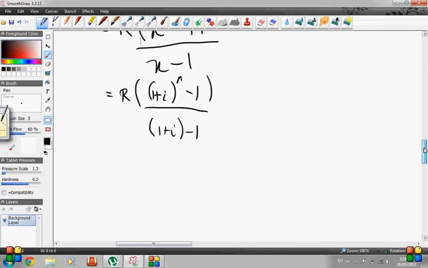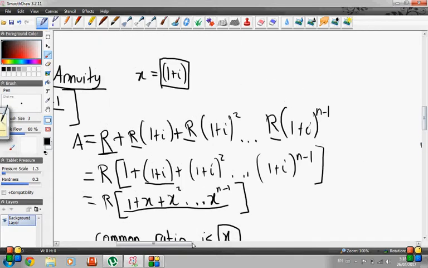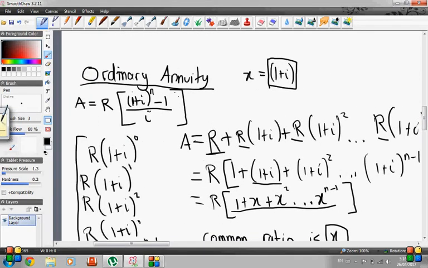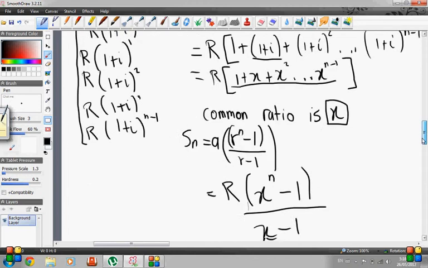If we expand the denominator, we can cancel out the 1 and the negative 1 to get a final formula of R brackets 1 plus I to the power of N minus 1 divided by I. As you can see here, this formula is the exact same as the formula for an ordinary annuity, which is R brackets 1 plus I to the power of N minus 1 divided by I.